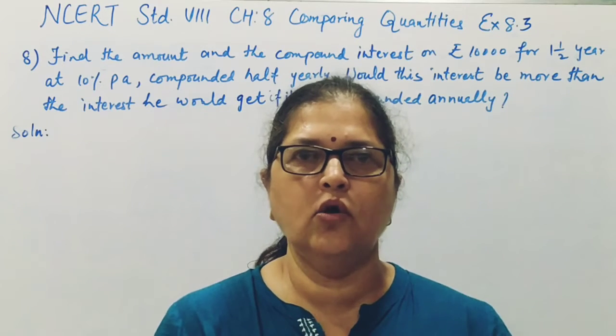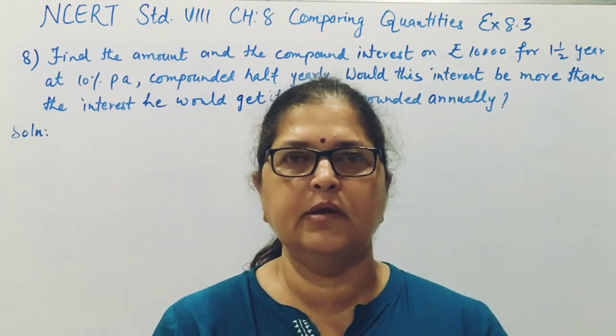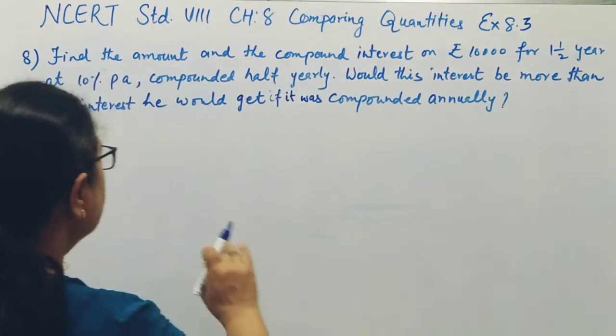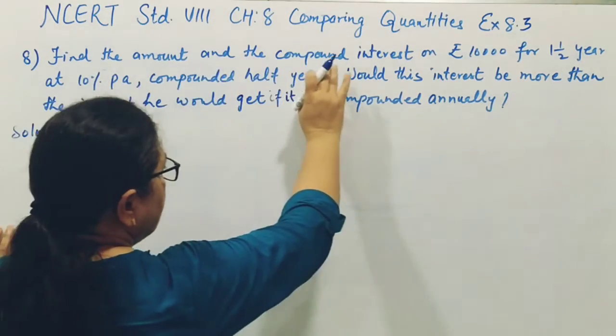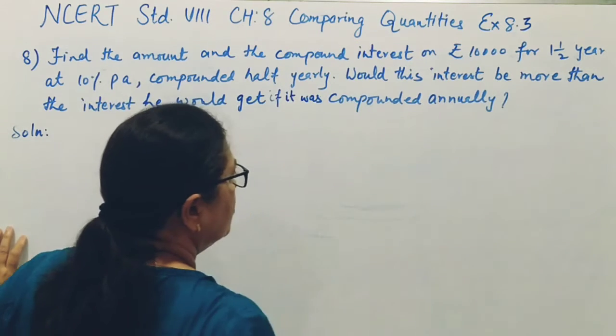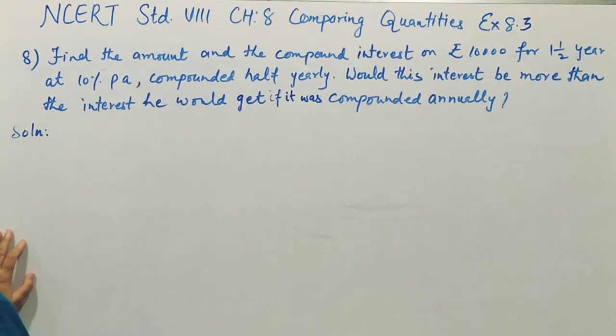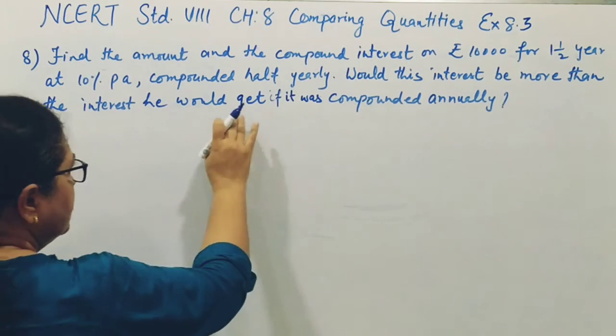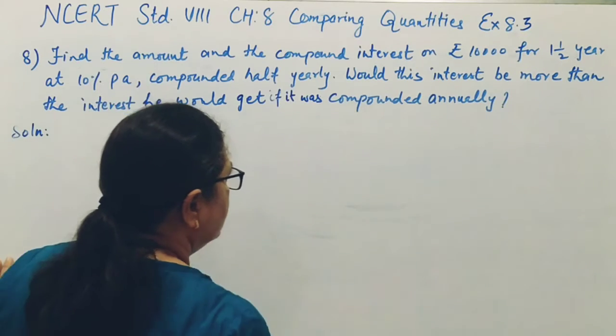Next, question number 8 of Exercise 8.3, Chapter 8, Comparing Quantities, NCERT standard 8. The question is, find the amount and the compound interest on rupees 10,000 for 1.5 year at 10% per annum compounded half yearly. Would this interest be more than the interest he would get if it was compounded annually?